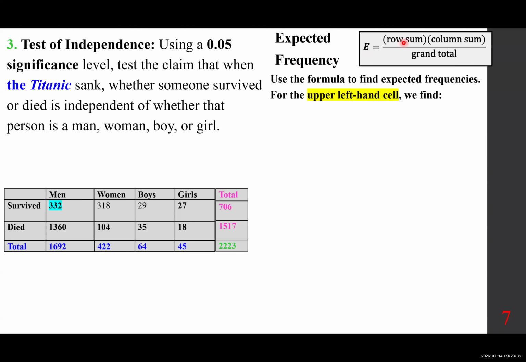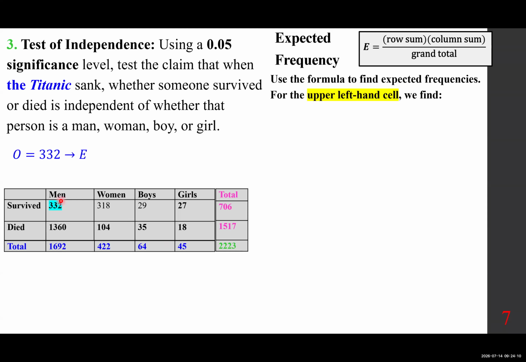Expected frequency E equals row sum times column sum over grand total. Use the formula to find expected frequencies for the upper left hand cell. So the idea is that this is what we have observed, but what would be the expected value in the case of being independent?